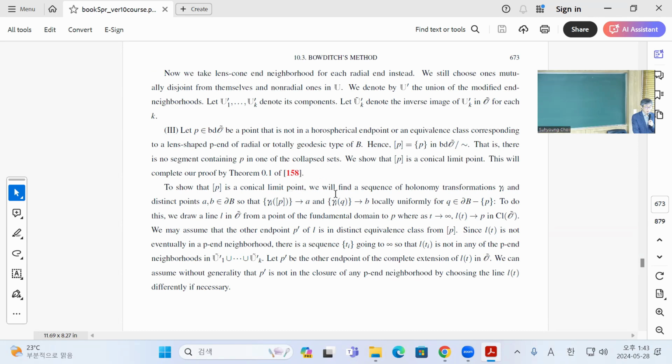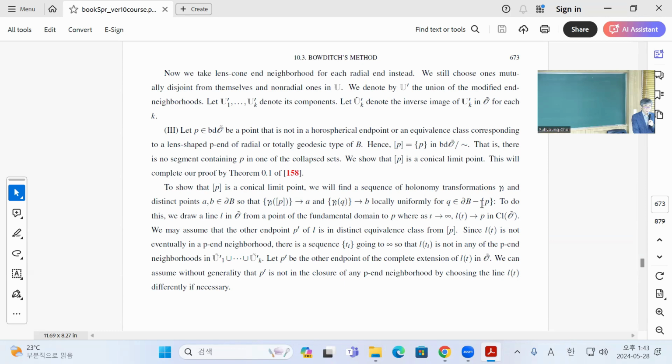So if it's to show its conical limit point, we need to find the sequence of transformations and then distinct points A, B, so that these P and Q will converge to A, B. So the point is this has to be distinct.